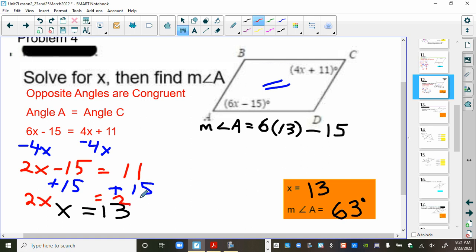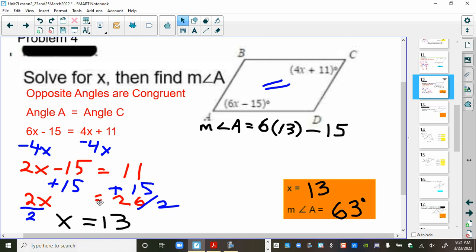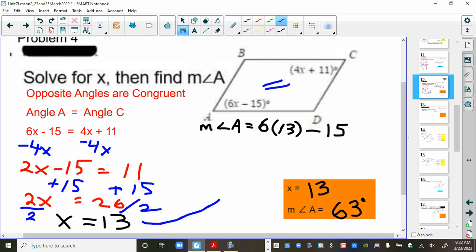So 2x is 26, and then of course divide by 2. Okay, so going forward, I should not have to really do these types of problems anymore. All right, and then of course take your 13, put it here, 6 times 13, minus 15. All right, questions?